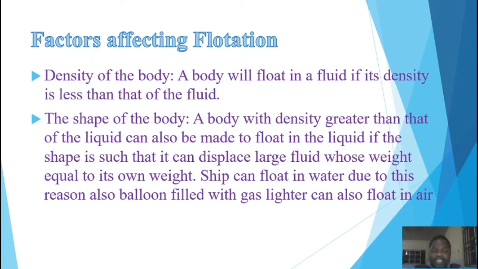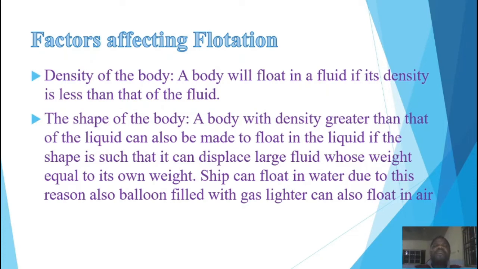Some objects have a shape such that they can displace a large fluid whose weight is equal to its own weight. It is on this note that we know that a ship can float in water, even though a ship is made of steel, different steel, high carbon steel.